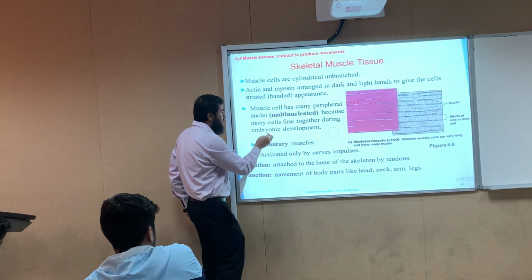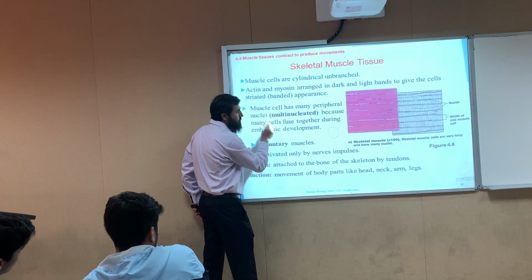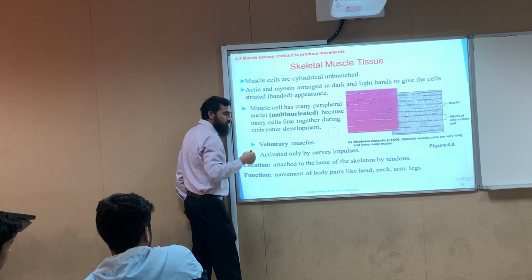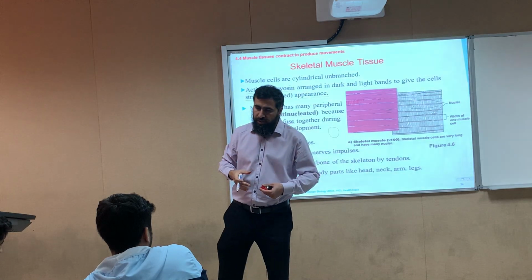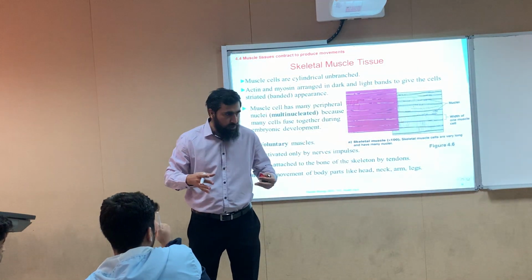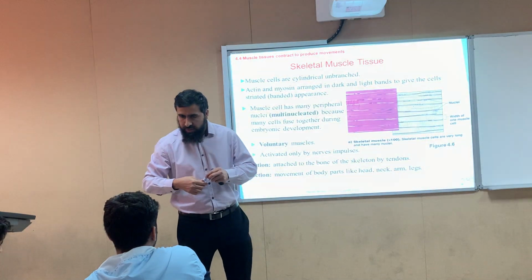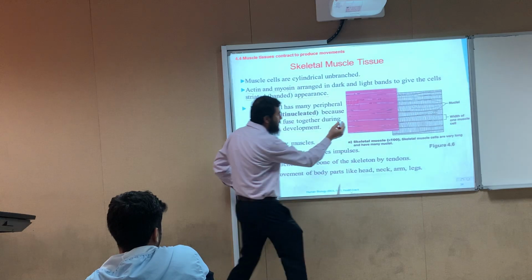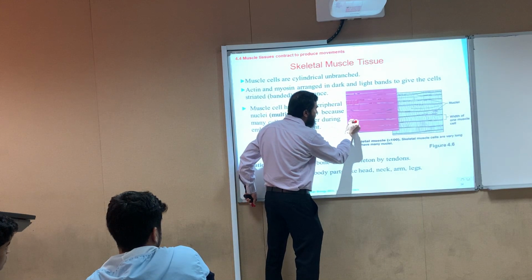You see here, many cells fuse together during embryonic development. So during development inside your mother's womb, as the baby is developing, as the muscles are forming, cells for skeletal muscle fuse together. There's one cell here, another cell here.